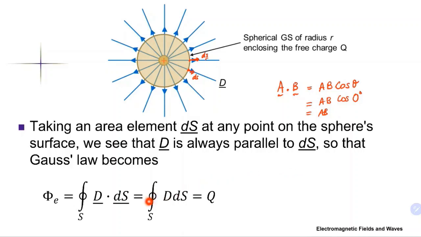And then we're doing a surface integral of these two products, and because the Gaussian surface is chosen so that the charge is at the center of this spherical Gaussian surface, the electric flux density at all the points on this surface is constant, and therefore we can take D out of the integral.